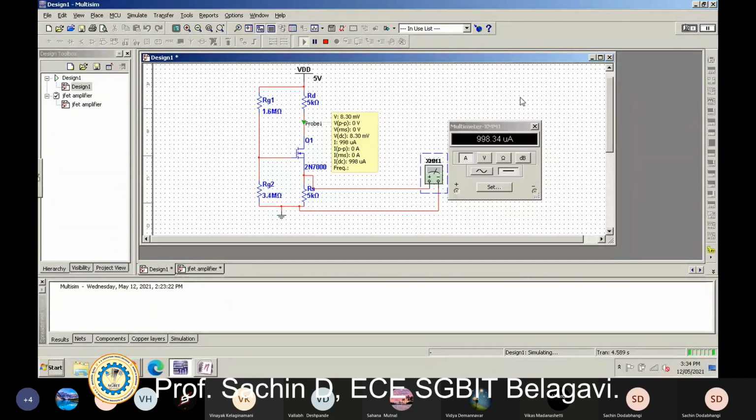Now you copy down the question for this. ID equals 1 milliampere. How much can you note down for the question?